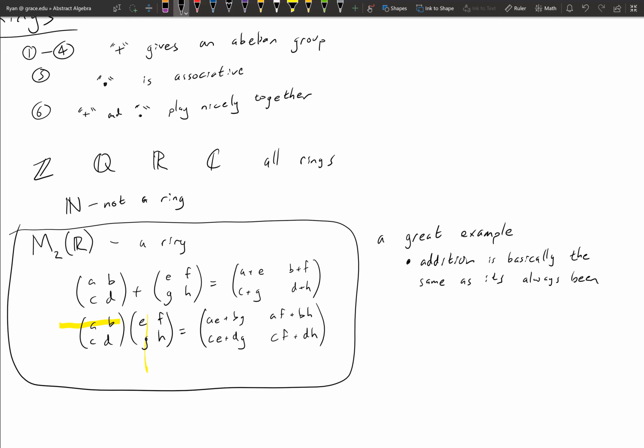So anytime in mathematics, when you had an addition symbol and you're adding things that might not be numbers, what you were doing was addition in a ring. Like in calculus 1, when we added functions instead of numbers, we were adding in a ring. And the other great reason that these are a great example is that multiplication can be weird.